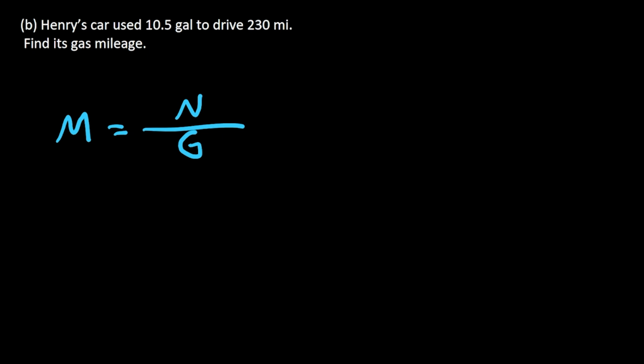So now we'll just substitute. M equals, we know from here that the number of miles is 230, so we'll write here 230. And we know that the number of gallons is 10.5, so I'll write here 10.5.